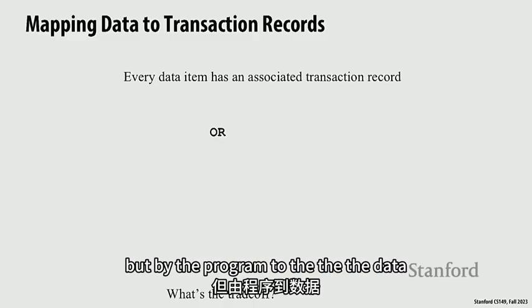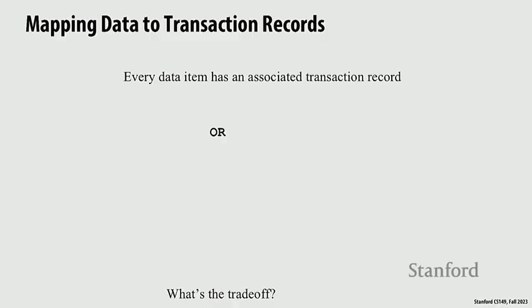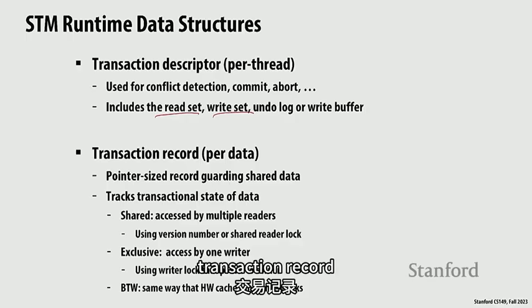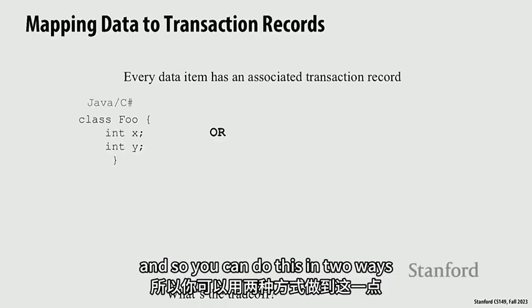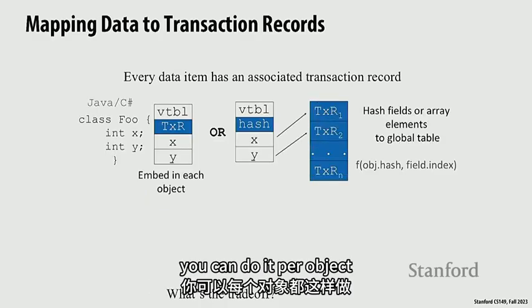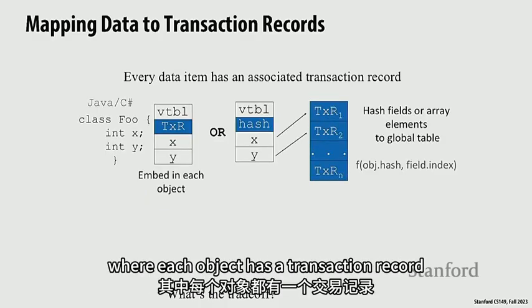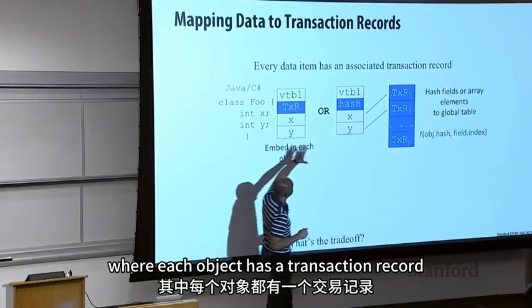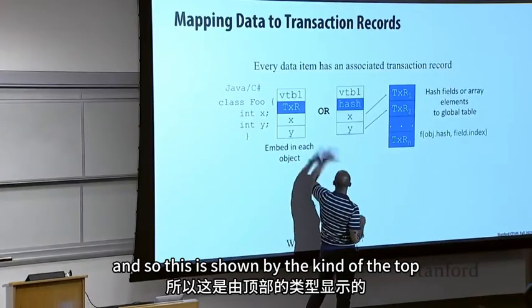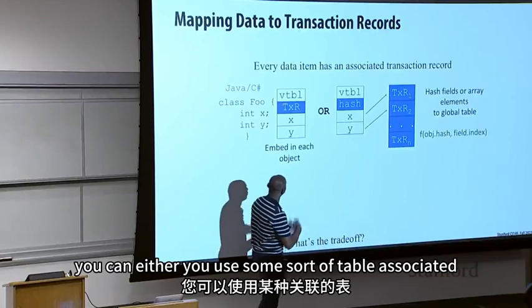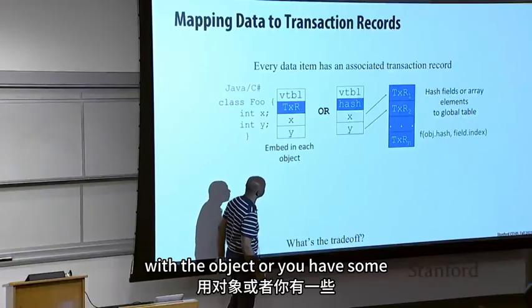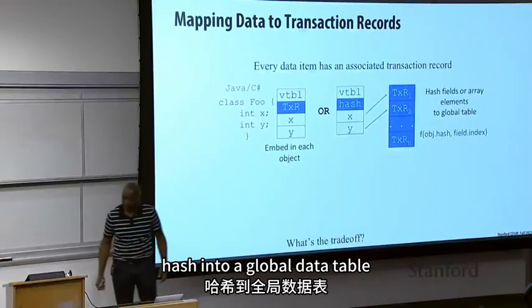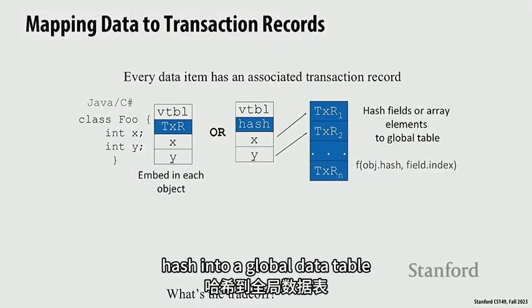Okay, so the question is, how do you actually map the data being used by the program to the transaction record? You can do this in two ways. You can do it per object, where each object has a transaction record, shown at the top. You can either use some sort of table associated with the object, or you have some hash into a global data table.